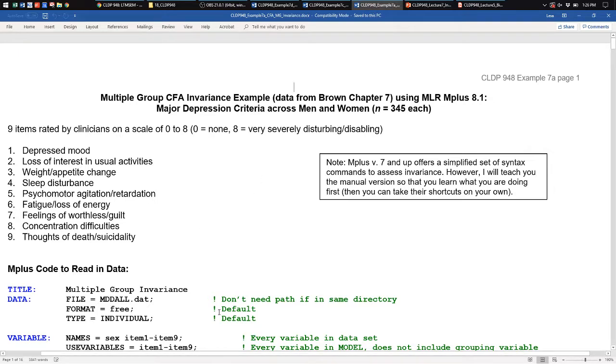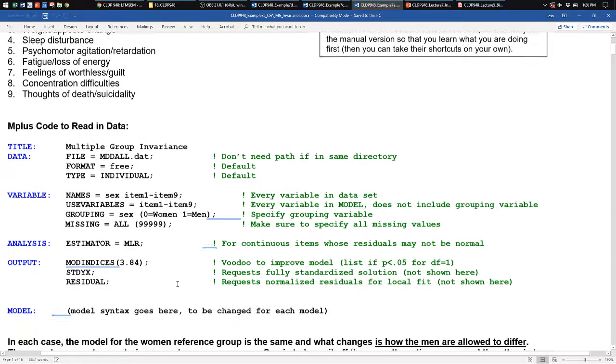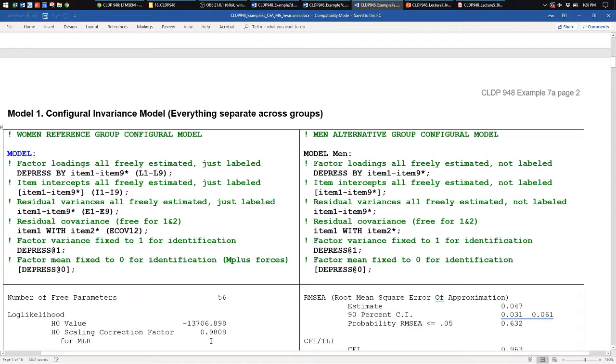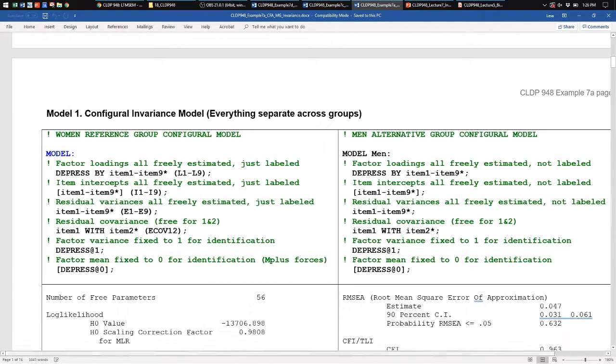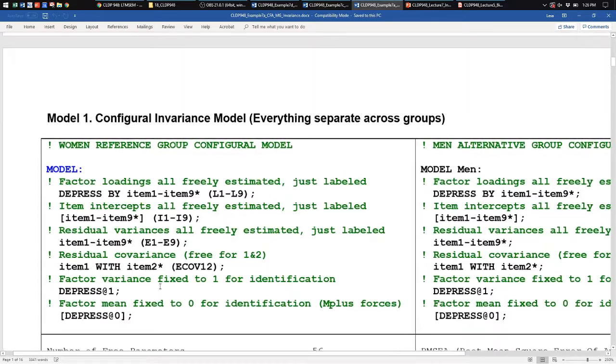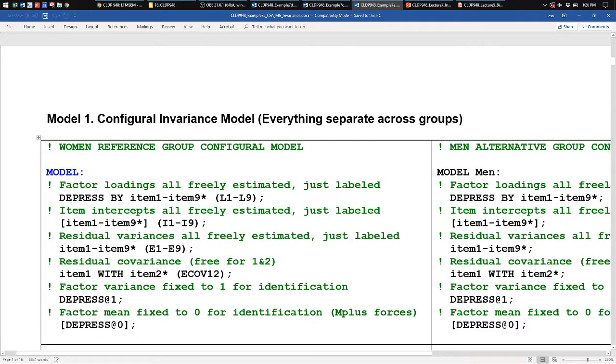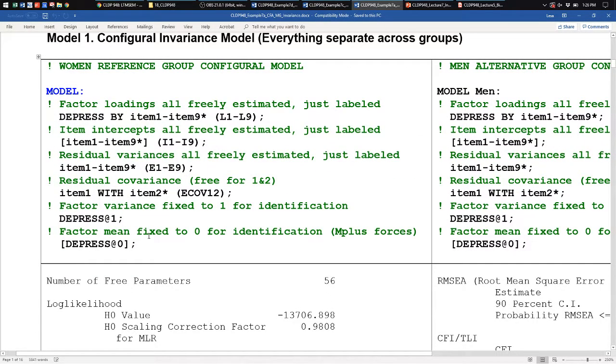So just to review, in CFA, when you specify model parameters, such as in this example 7a that we had done, looking at multiple group invariance across men and women in a single factor of depression, the loading part looks the same, regardless of whether you are fitting a CFA model or an IFA model. And that will be true in most types of measurement models. The differences then come in with respect to the next two lines.